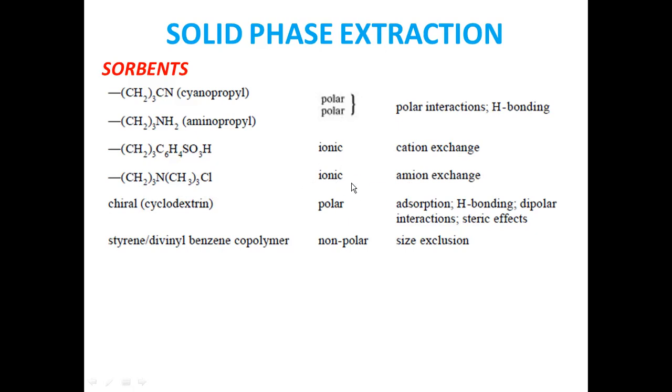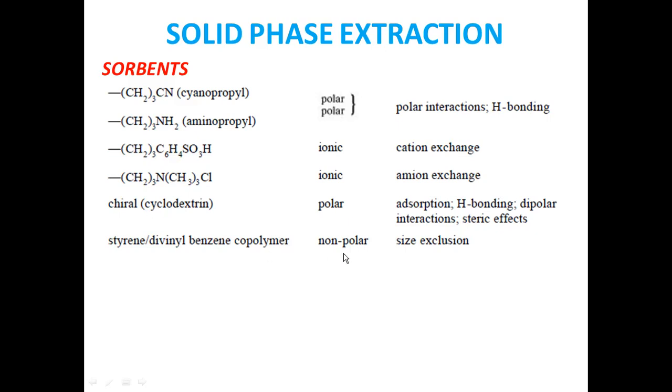So ionic exchange equilibrium we can expect while using these sorbents, propyl benzene sulfonic acid silica or propyl trimethyl ammonium chloride silica. Ionic exchange equilibrium can be expected by using cation exchange and anion exchange sorbents. Cyclodextrin is a very beautiful molecule, very bulky, and a number of hydroxy groups are present.